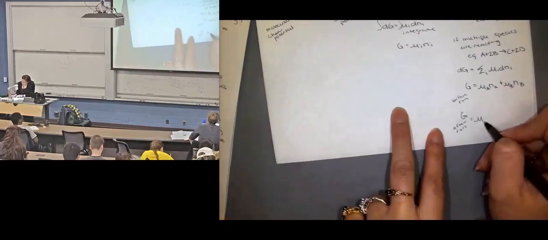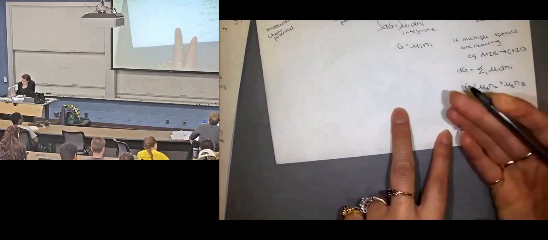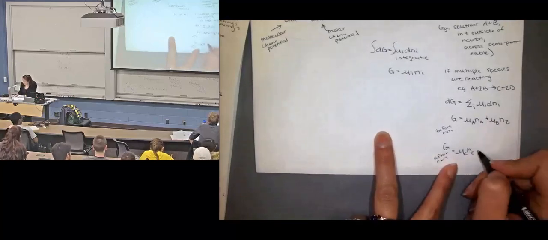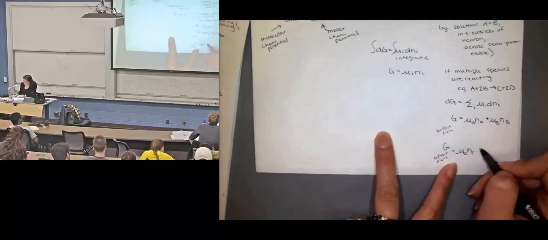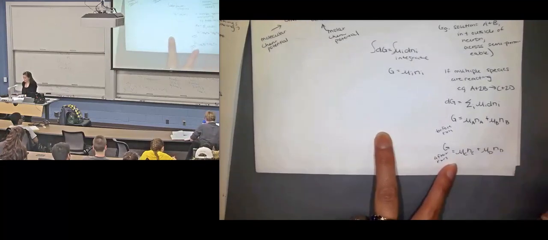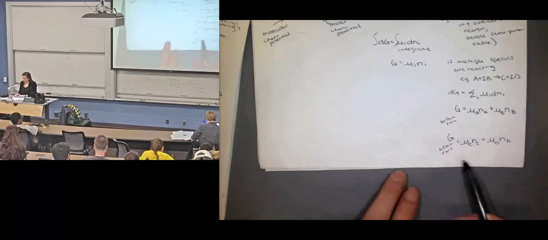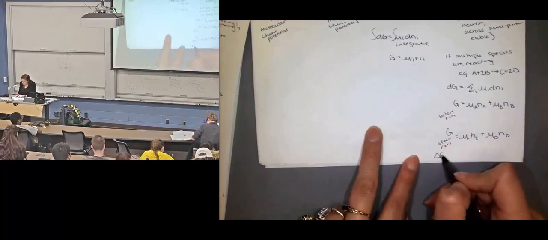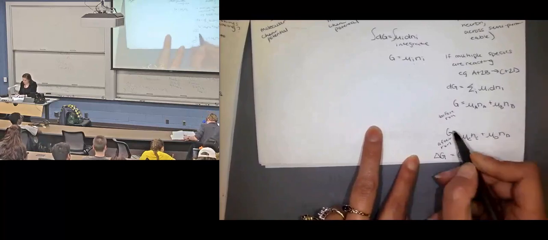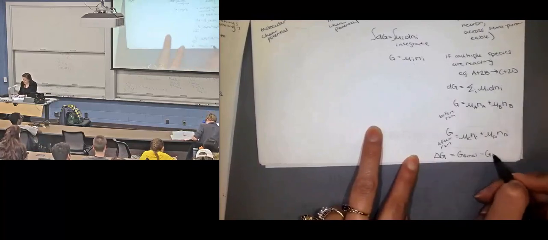After the reaction, I've used up all of A and B to make C and D. So now I have the number of moles of product C times the chemical potential of product C, plus the chemical potential of product D times the number of moles of product D that I have. And so when I want to calculate delta G, this is equal to my final state minus my initial state.